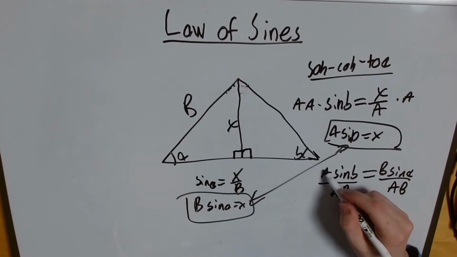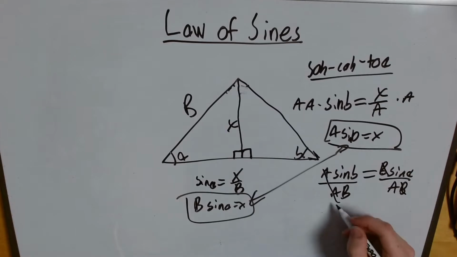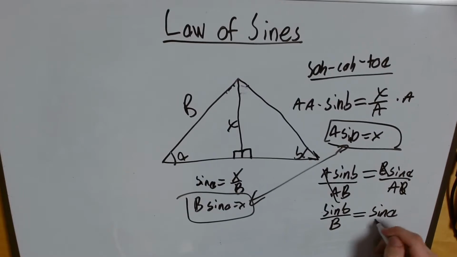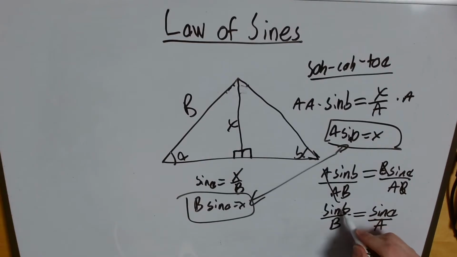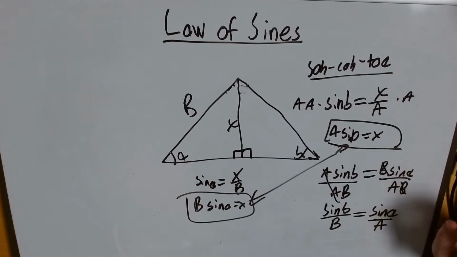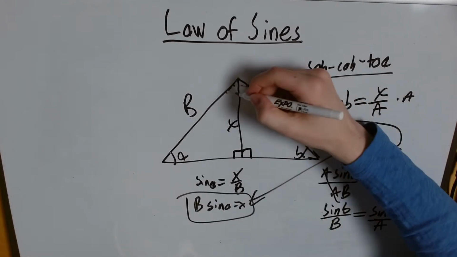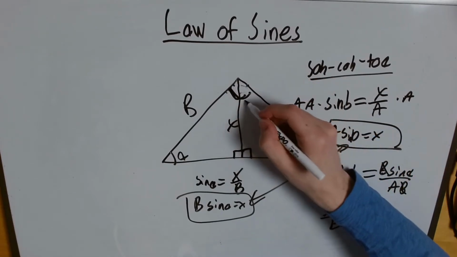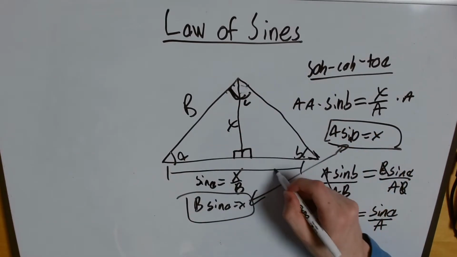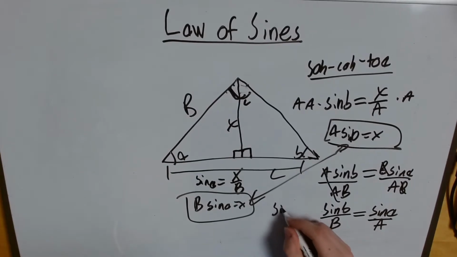And you'll see why I did this, because the A's cancel out here, the B's cancel out here, and I'm left with sine of B over B is equal to the sine of A over A. And besides being a cute little relationship, oh, look, B and B, A and A, it's a magical, mystical relationship that allows us to unlock every part of the triangle, because we can expand this to include, if this angle here is C and this side length here is C, we also have sine of C over C is equal to all this. And that's when we get absolutely crazy.